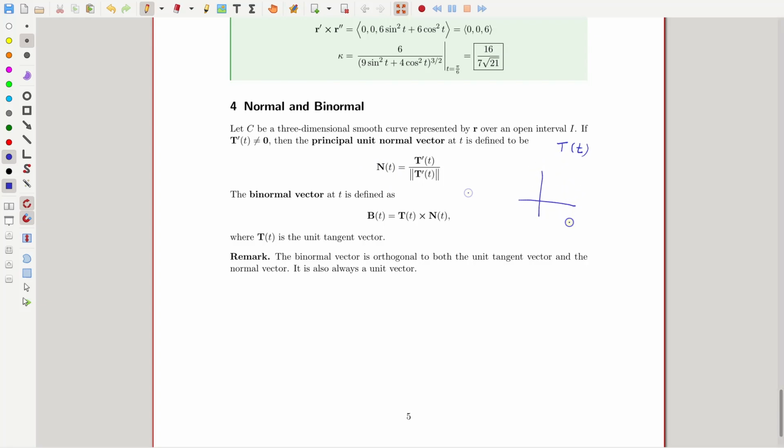It would be better if I had an illustration of this. I don't really want a coordinate system, but say that we just had some particle. So that would be the tangent vector. And then how the tangent vector is changing perhaps would be in that direction. Does that make sense?